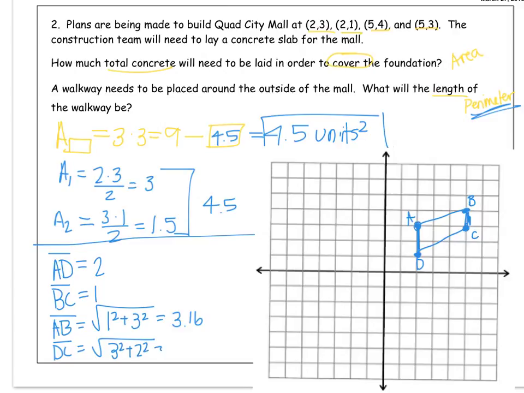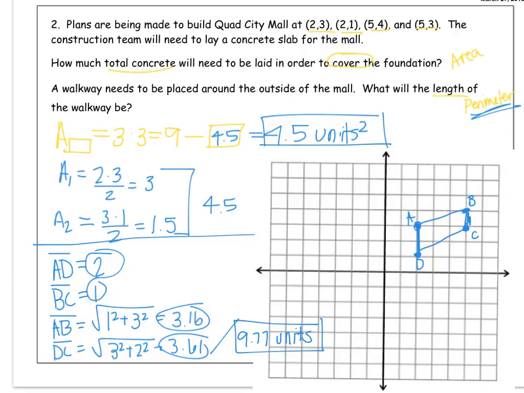And that gives me 3.61. So 2 plus 1 plus 3.16 plus 3.61 is 9.77 units. And that's linear, so it's just units to the first power. So I would need 4.5 units squared of concrete and 9.77 units for the length of the walkway.